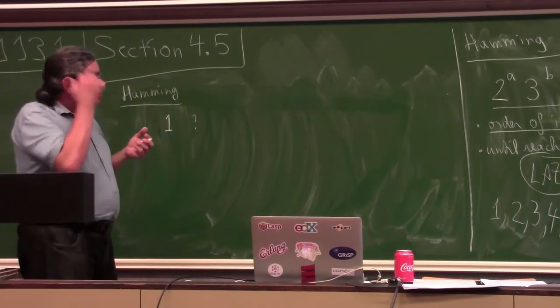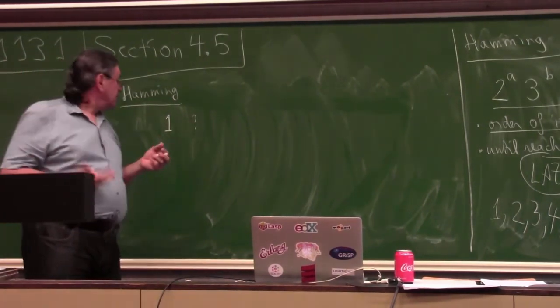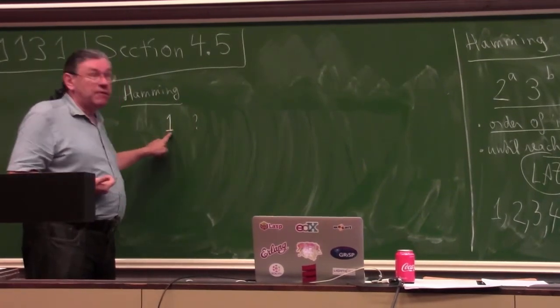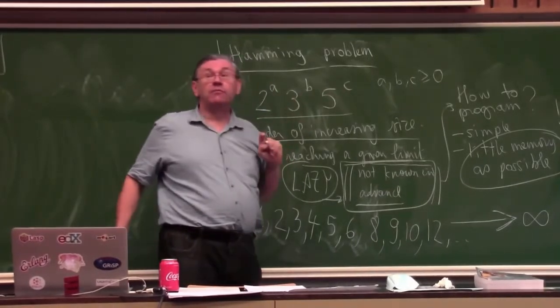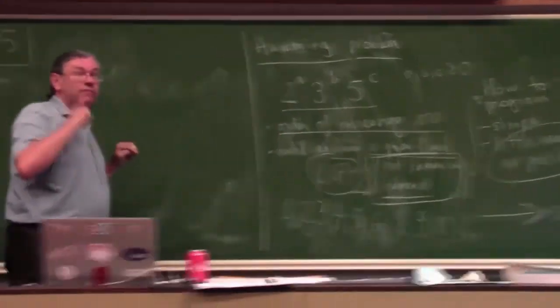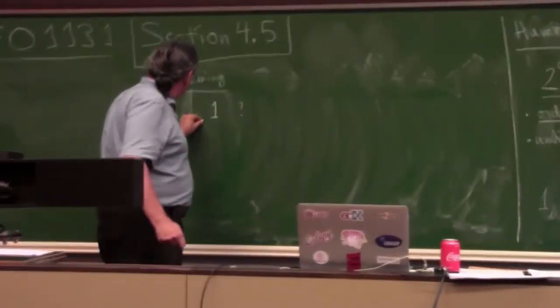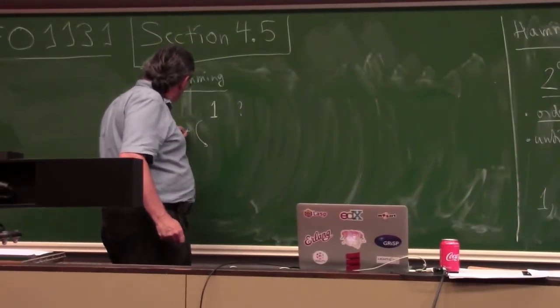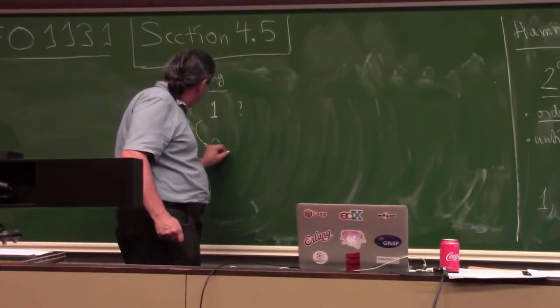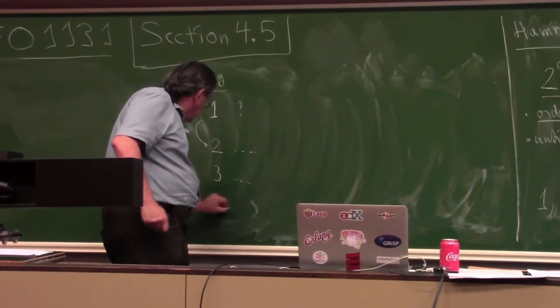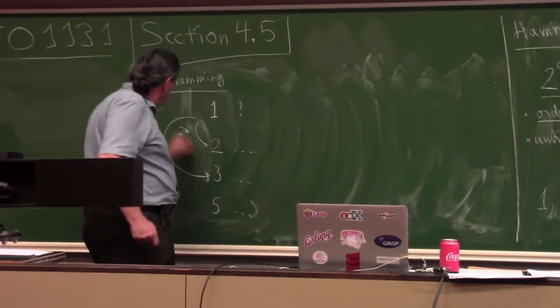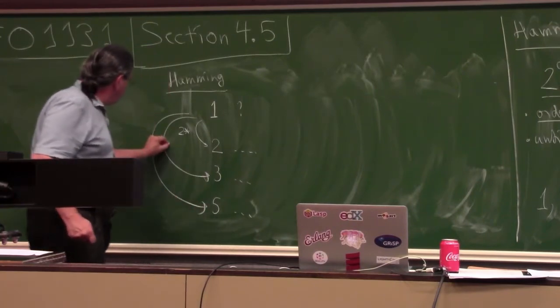Well, there's 3 possibilities. It's either 2 times the previous element, because one of these numbers, A, B, and C, will increase by 1, or 3 times the previous element, or 5 times. So in fact, I will multiply this sequence by 2, by 3, and by 5. This gives me 3 sequences, 2, 3, and 5.